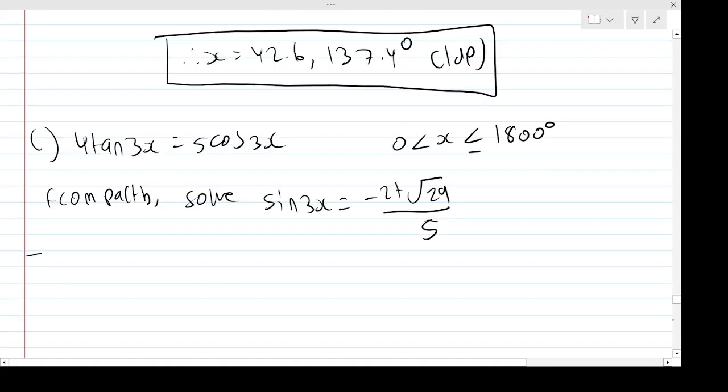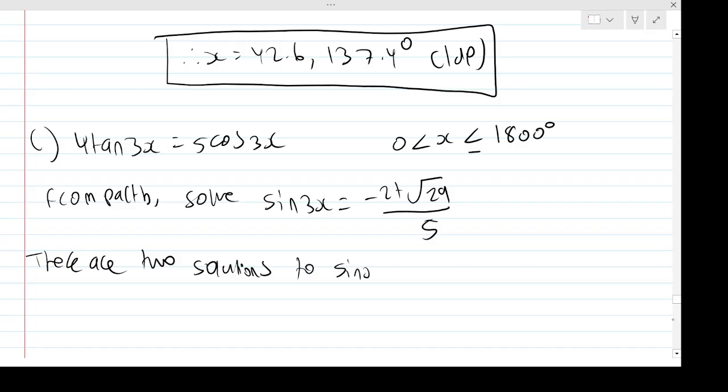So there are two solutions to sine x in 360 degrees. But again, remember, we have sine 3x. We need to adjust our interval, as always with solving.